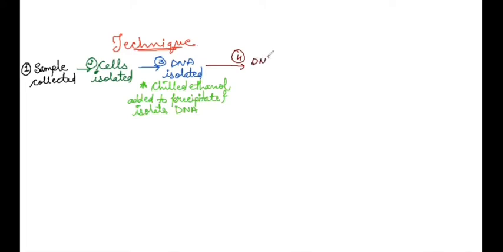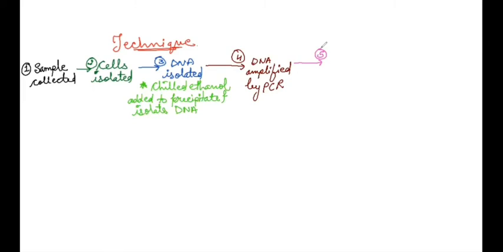DNA amplified means its copy number is increased by PCR, polymerase chain reaction, which we see in biotechnology. Once the amount of DNA is increased, we have step number 5 now.